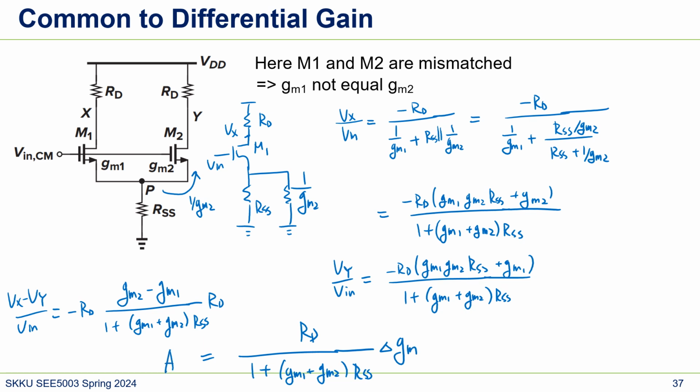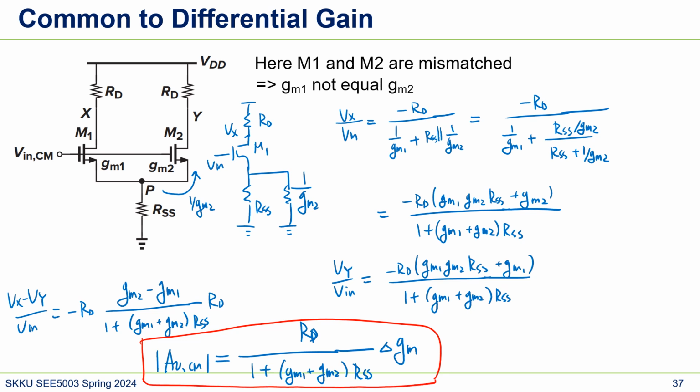So that's a common mode gain. Well, let's just say it as an absolute number, I mean the magnitude. So this is our result. What it says is, if we have a GM mismatch, then the common mode.